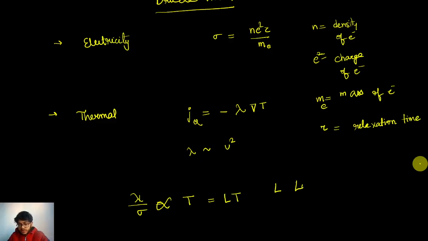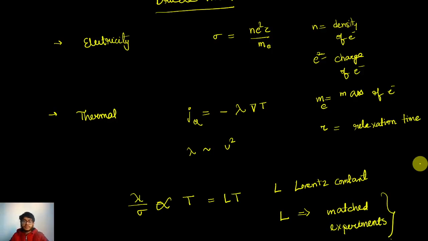L was called the Lorentz constant, and the Lorentz constant had a value of like 2.2 times 10 to the power. I forgot the value, but leaving the value aside, it was very, very near to experiment. L matched experiment. That is what mattered to the scientific community back then: matched experiments. Okay, so that is what we saw in the last classes.